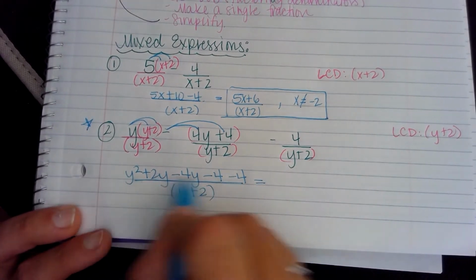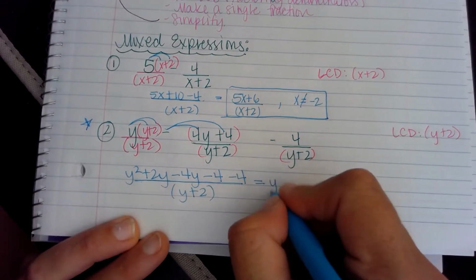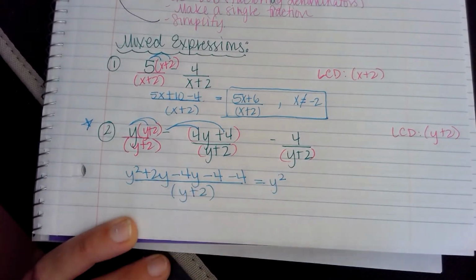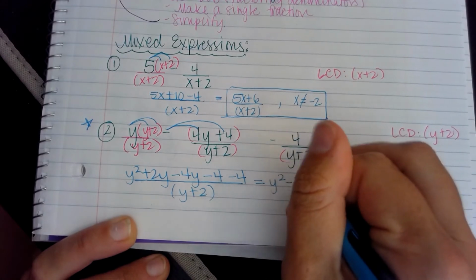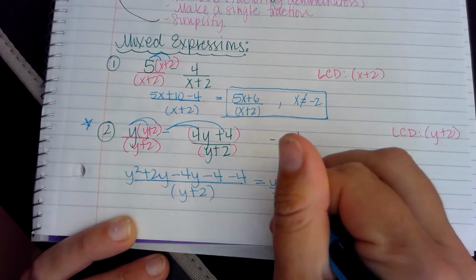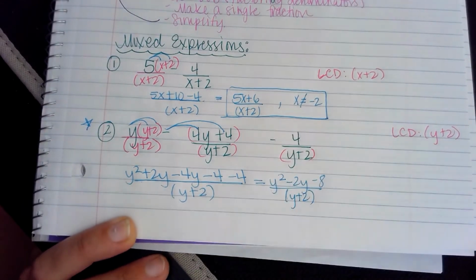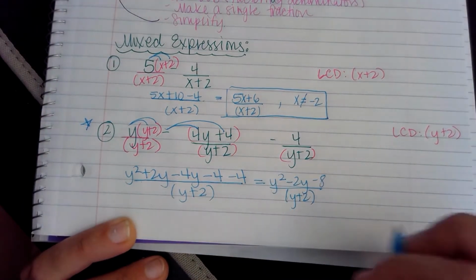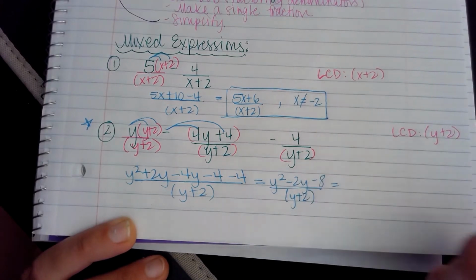Then I combine all of my like terms up top. So I have y squared, and then 2y minus 4y is negative 2y. Negative 4 and negative 4 is negative 8. Remember, it's still all over my common denominator. I can factor that numerator.